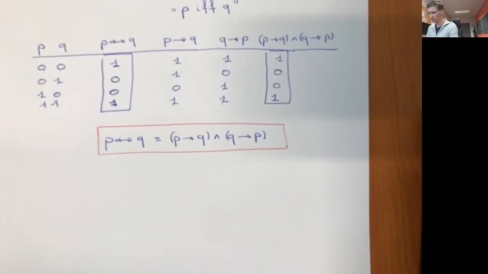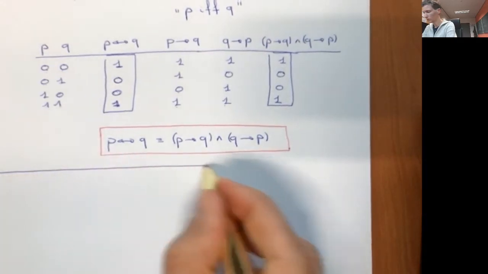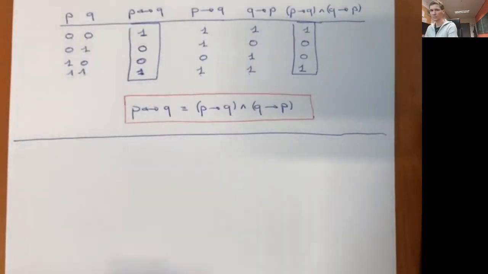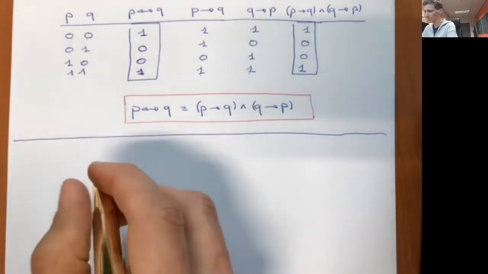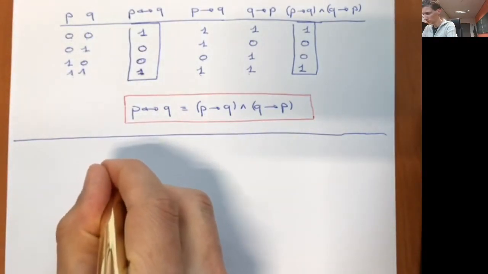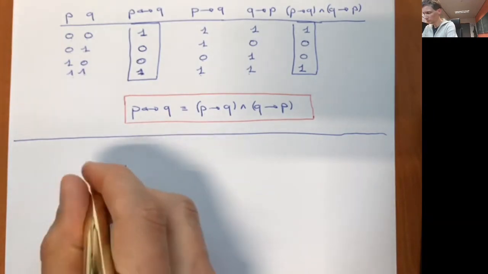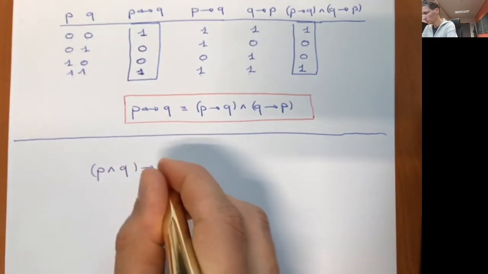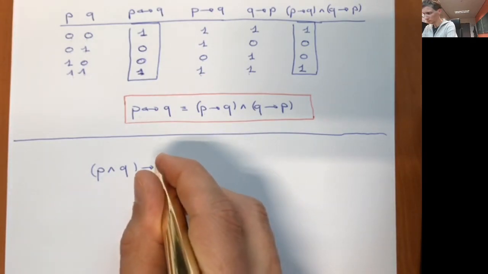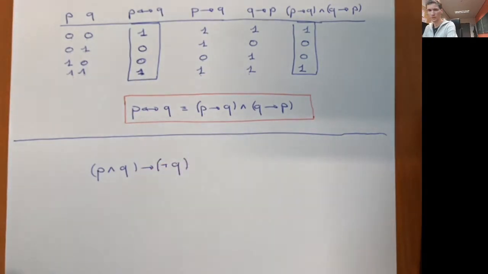Okay, so with these rules you should be able to get the truth value of many formulas. So you can make very complicated formulas by just stacking and combining different formulas into one. So for example, let me write down off the top of my head: P and Q implies negative Q. Okay, let's try this one.